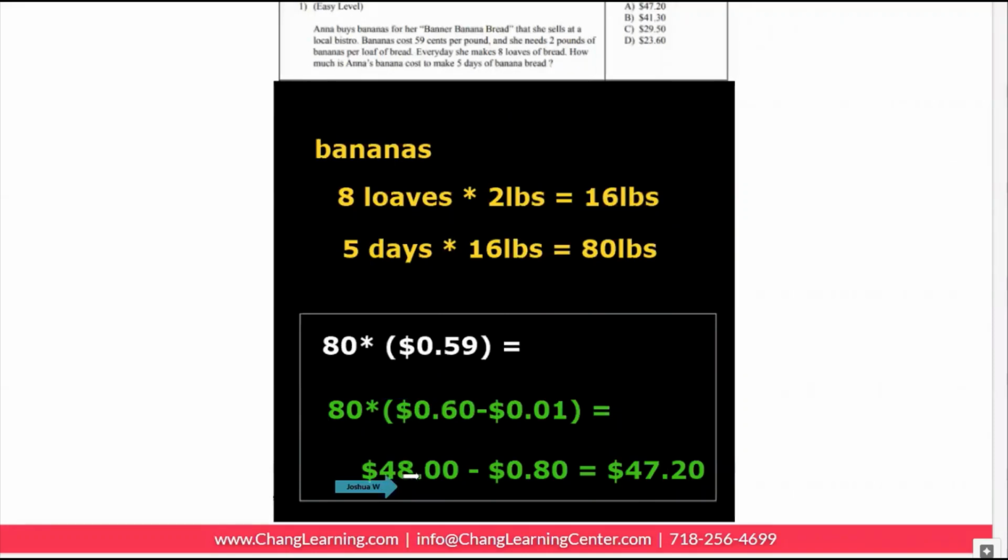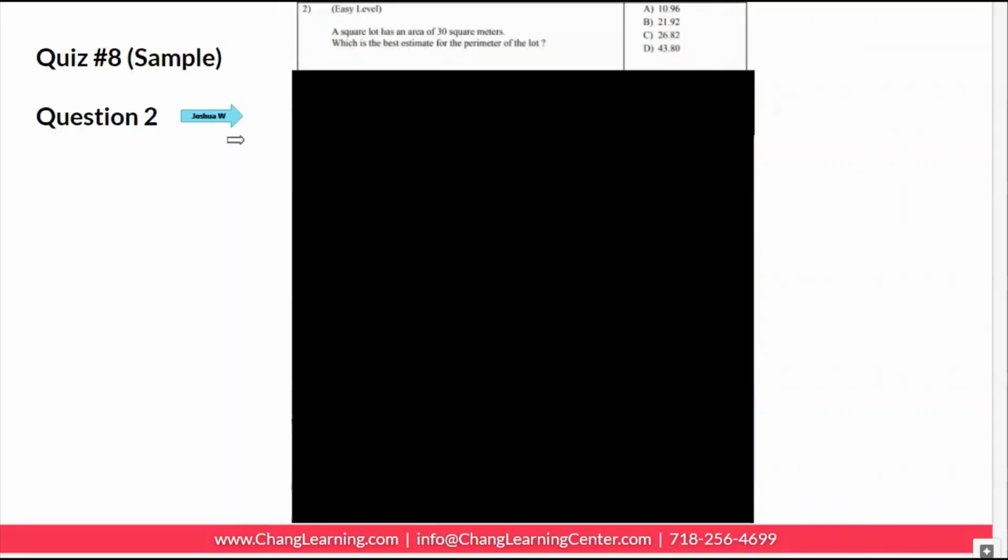Which makes sense because if it was 50 cents, half of 80 is $40, so it has to be more than $40. So I know that I have the decimal in the correct place. Then subtract 80 times 1 cent, or 80 cents, and you get the exact answer, $47.20. A was correct.